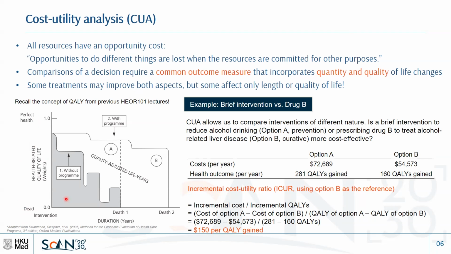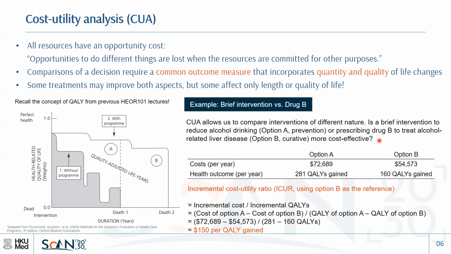Let's go back to the example about alcohol control. Now we have two options. Option A, using the brief intervention to reduce alcohol drinking. Option B is prescribing drug B to treat alcohol-related liver diseases. Which one is more cost-effective?